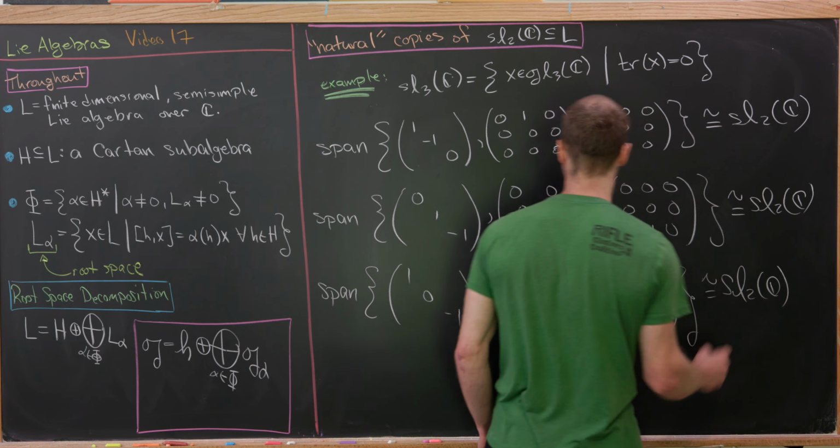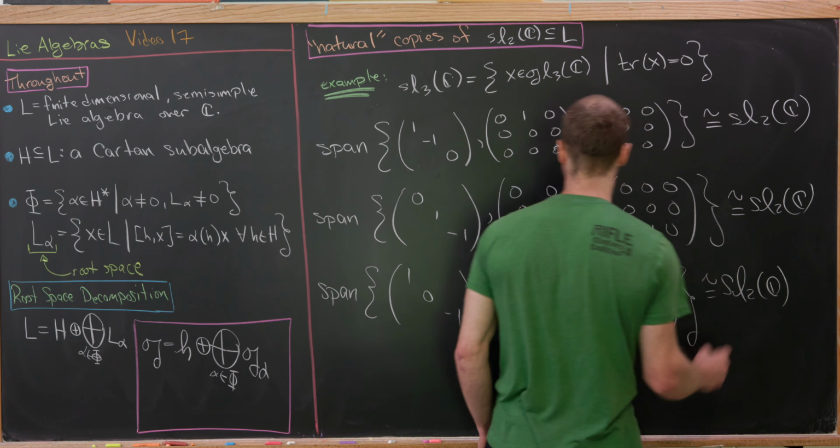That's going to be the killing form of x with y naught plus the sum over all beta in phi of the killing form of x with y beta. Something like that. But then this whole thing being non-zero means that at least one of these terms is non-zero.